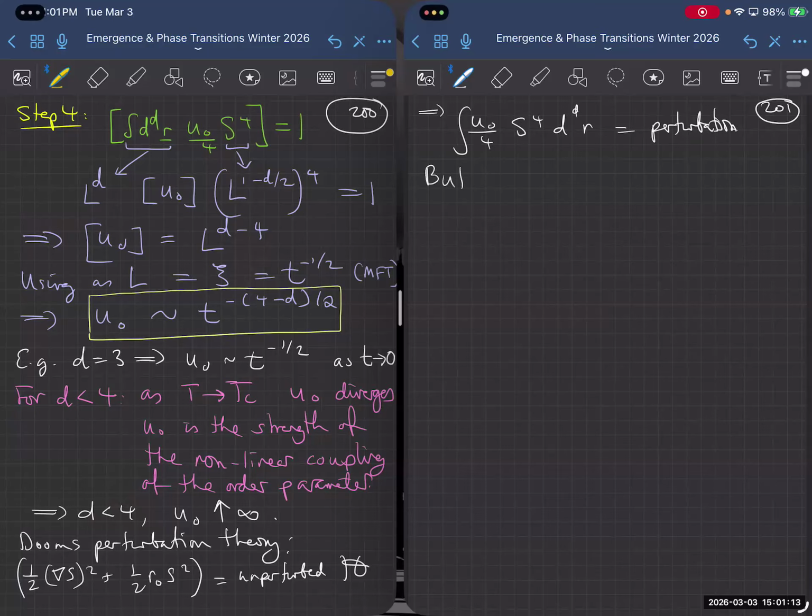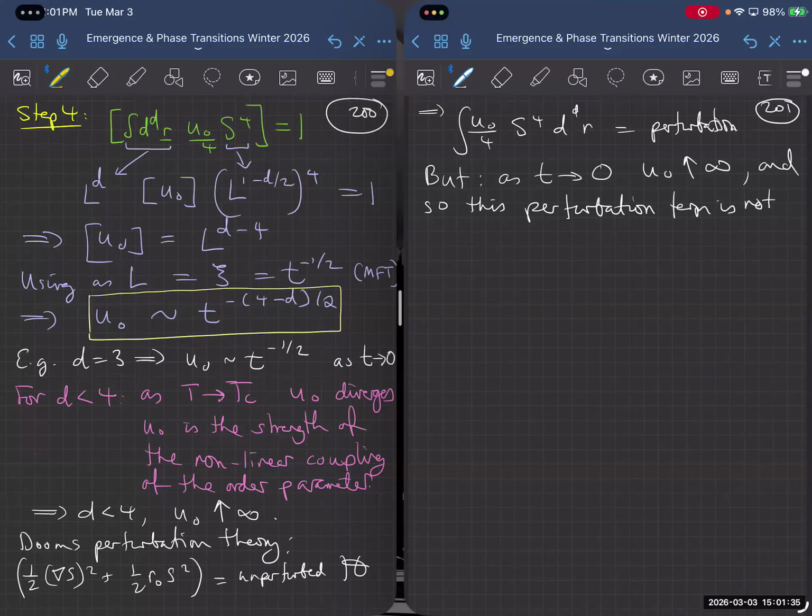But what we've learned is that as t goes towards tc, or as little t goes to 0, u naught diverges to infinity. And so this perturbation term is not small near the transition.